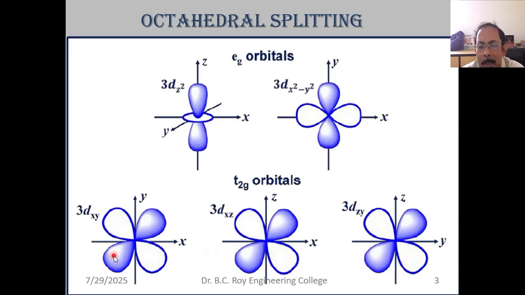If you plot the electron cloud probability distribution against the distance from the nucleus, you find three peaks in this case, because three are energetically the same, and here you get two peaks. Accordingly this is called triplet, and these two are doublet. These are called T2g, and these two are called eg orbitals.